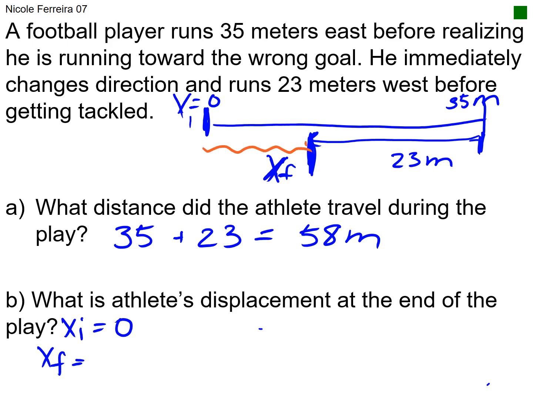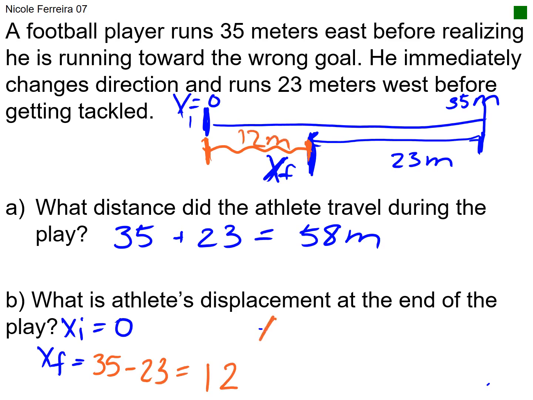This orange line represents how far the athlete is from the starting position. So to find xf, we have to do 35 minus 23, which is 12 meters.